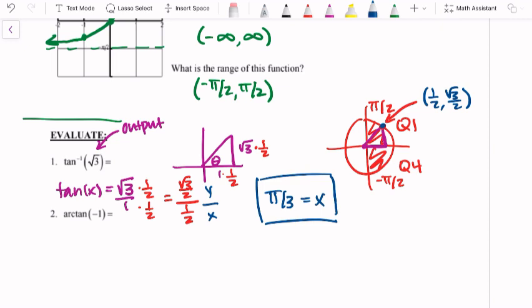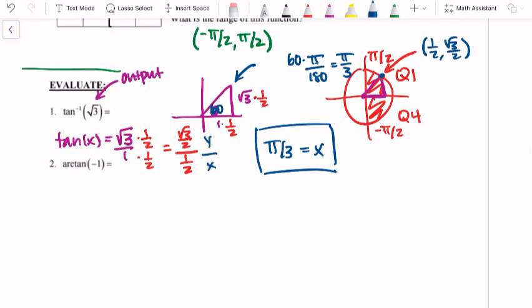Again, there's a couple different ways to do it. You could have also seen that this would have been a 30, 60, 90 triangle, which would have meant that this is 60, and then you could have converted 60 to radians. Either way is fine.